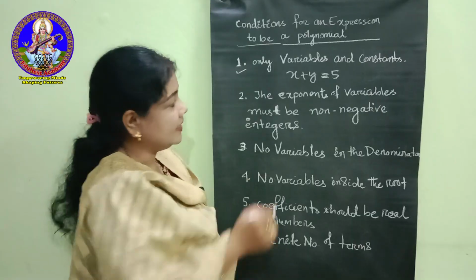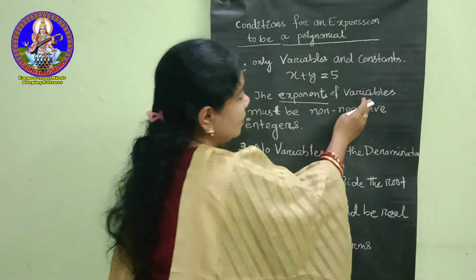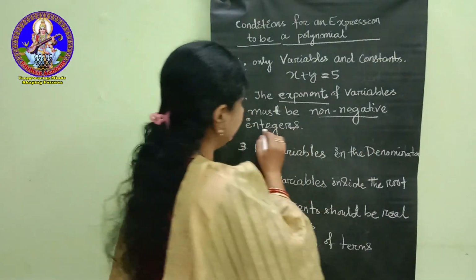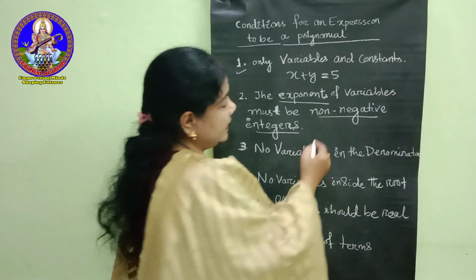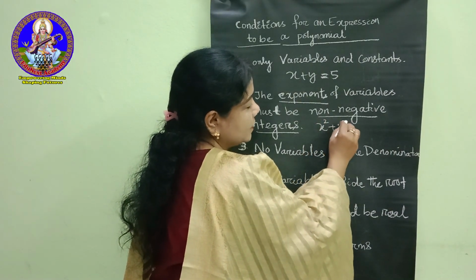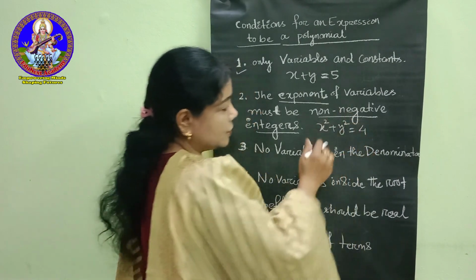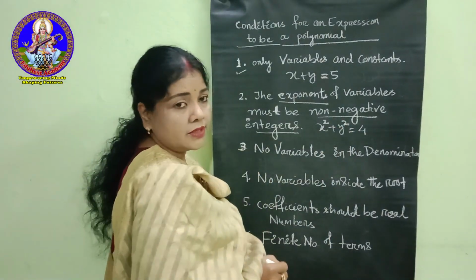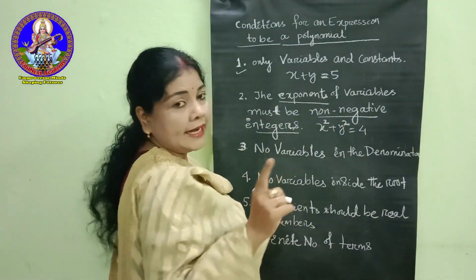Second condition is that the exponent of the variables must be a non-negative integer. That means if I take an example x square plus y square is equal to 4. So here the exponent is a positive number, it should be a non-negative number.